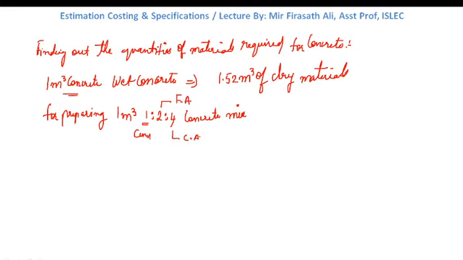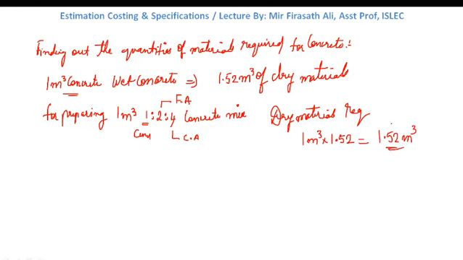Dry materials required for 1 meter cube of concrete is 1 into 1.52, that is 1.52 meter cube of dry materials.